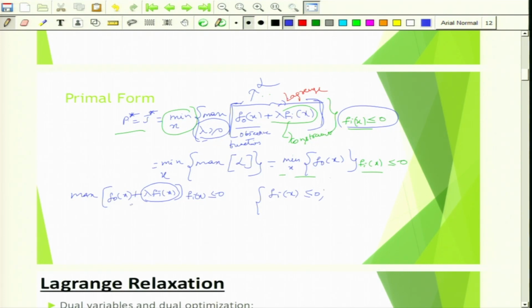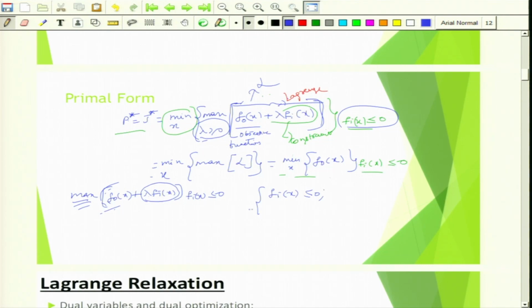So if lambda is positive and fi of x is negative, then this term will be negative, right? So for the maximum of the cost function, which is positive, plus this, how do you get this to be maximum? Once you have lambda equal to 0, then this overall function will be maximum. If you take any lambda greater than 0, then fi of x is already negative, so the maximum of this function will always be less than f naught of x.